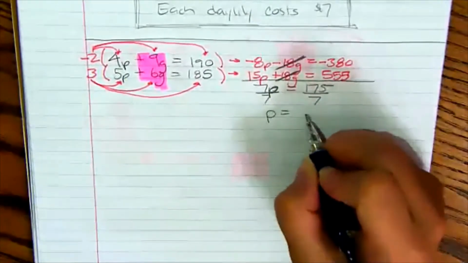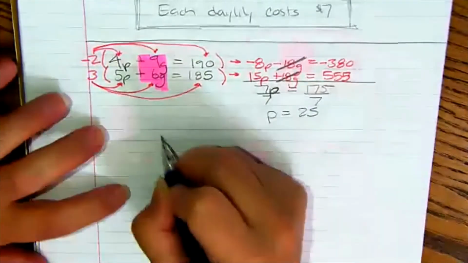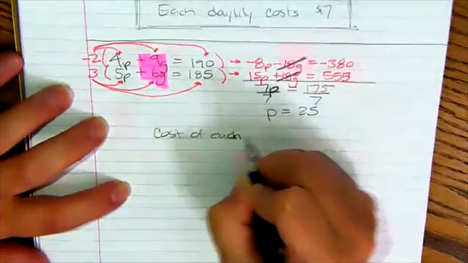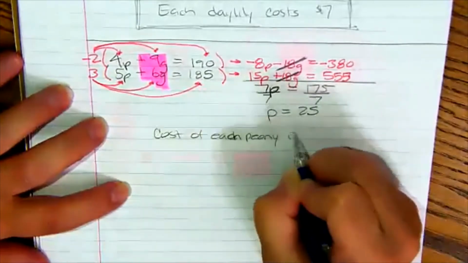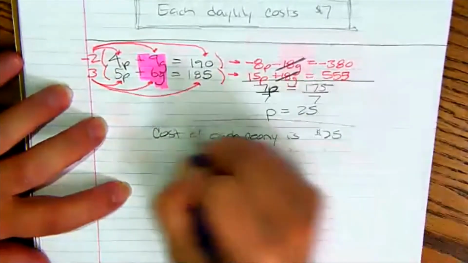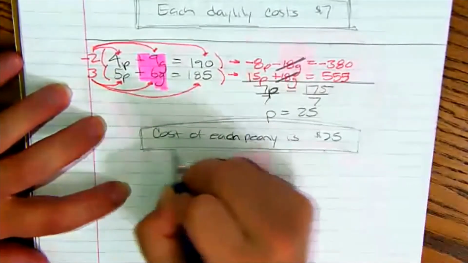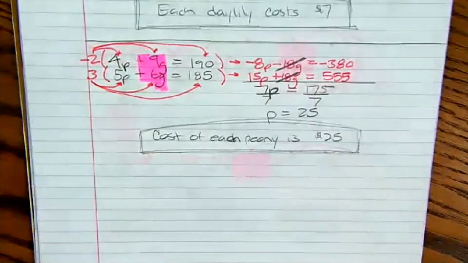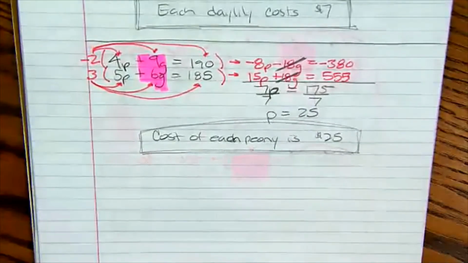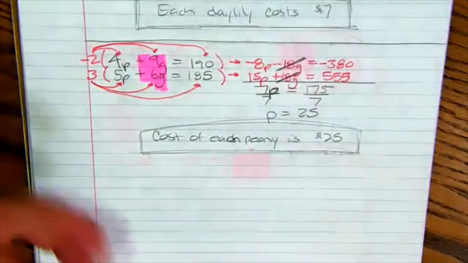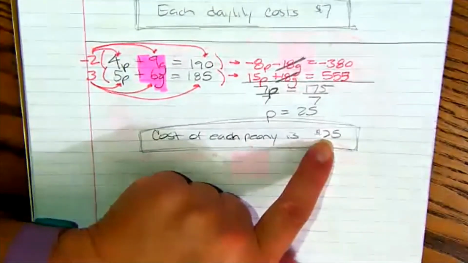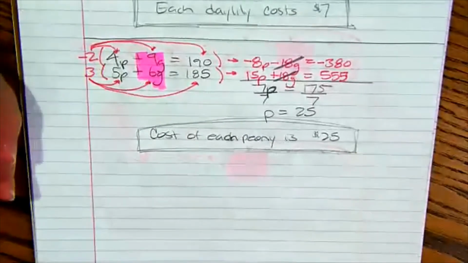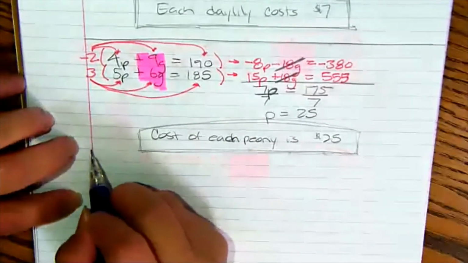So P equals 25. So the cost of each peony is $25. I am done. The question asked me, how much does each peony cost? I do not have to go back and substitute this into an equation to find out the cost of the geraniums. I'm done. I answered the question.